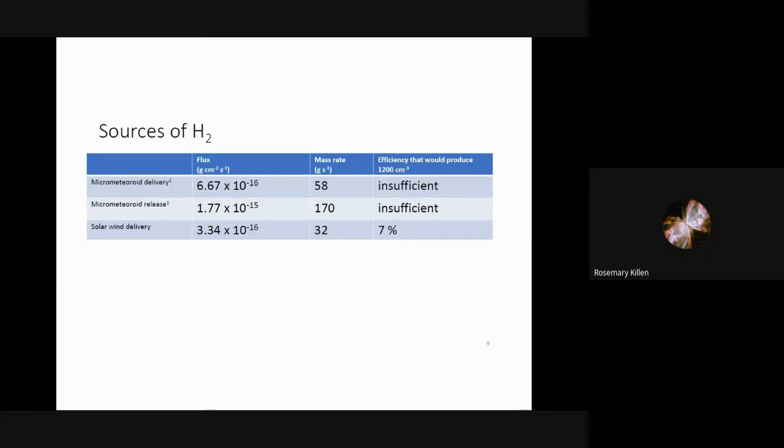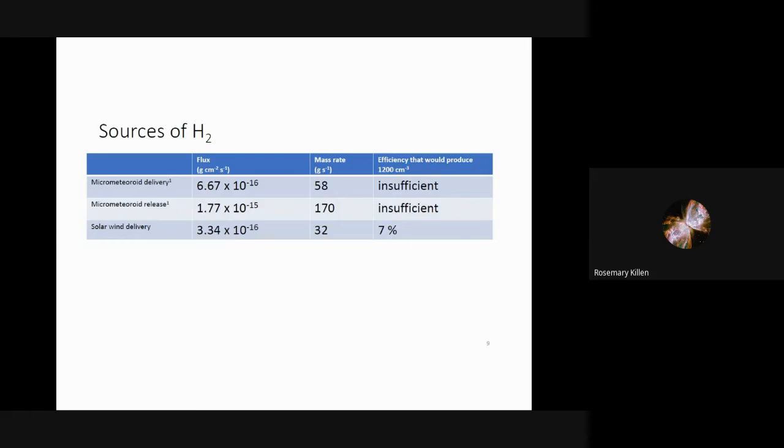Yeah, so this is from Dana Hurley as well, and she looked at the different sources of molecular hydrogen and figured out what amount would be caused by micrometeoroid delivery from the micrometeoroids themselves, what portion could come from micrometeorite impact vaporization, and what part would come from solar wind delivery.